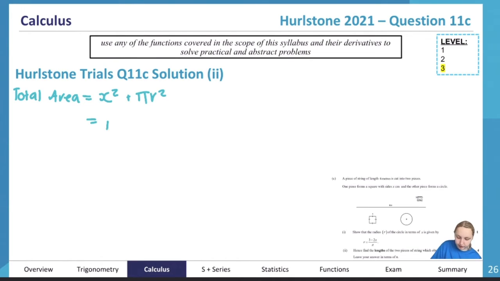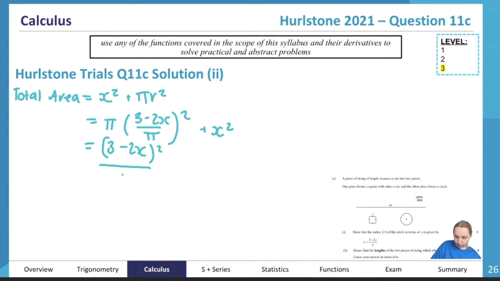So if we did pi over 3 minus 2x on pi all squared plus our original x squared, so that we don't actually change the equation itself, then we'll get 3 minus 2x all squared on pi plus the x squared. Okay, so that's the first bit.